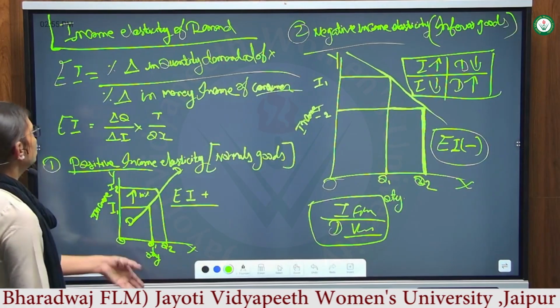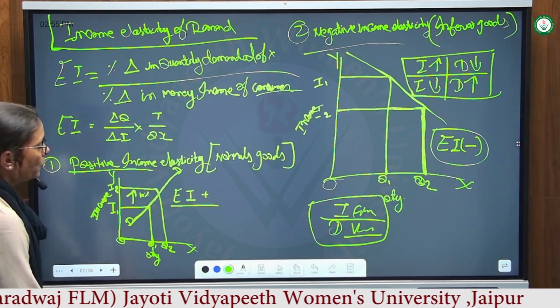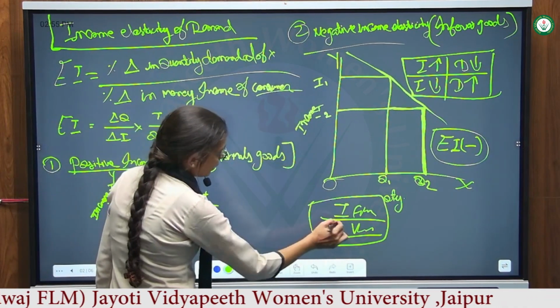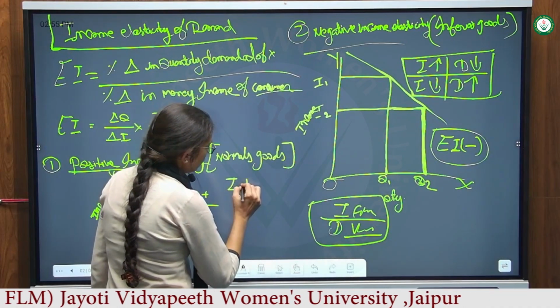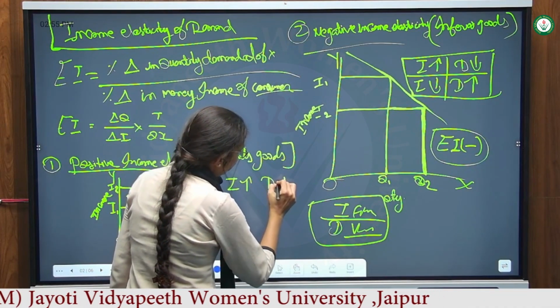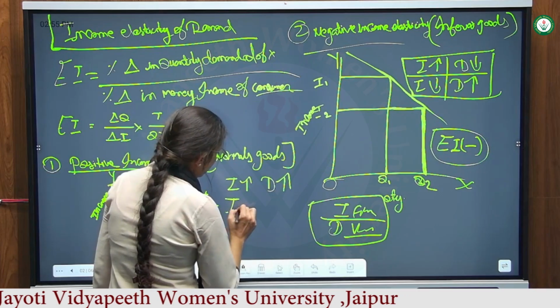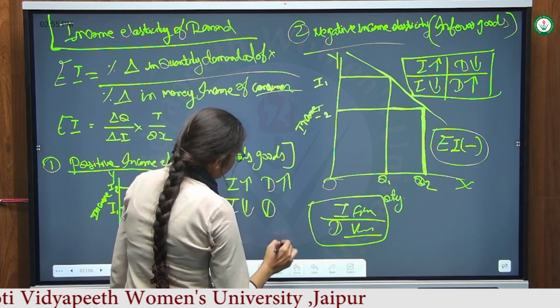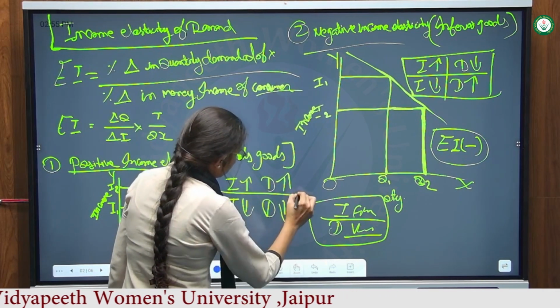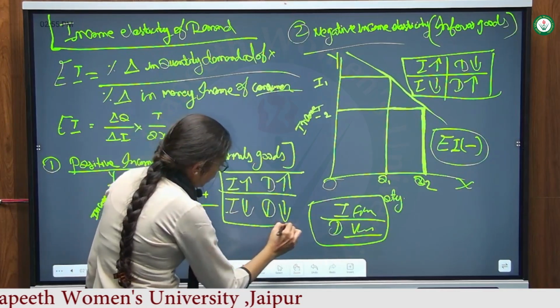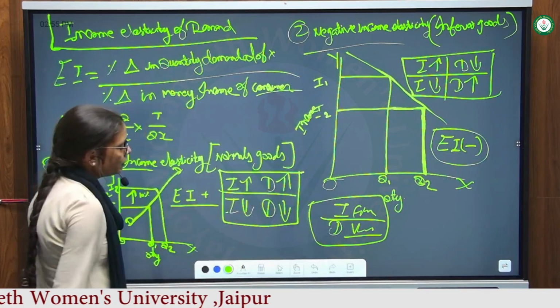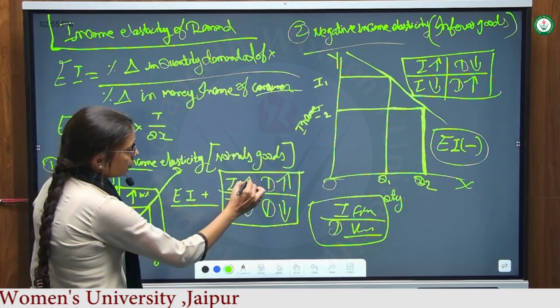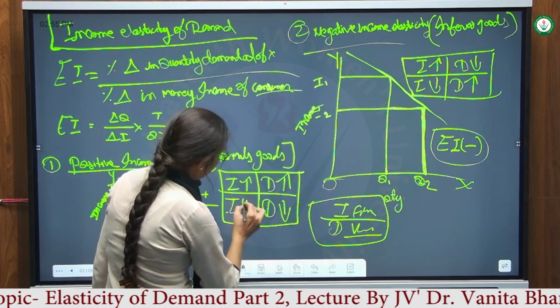When income goes up, demand will go up. When income goes down, demand will go down. This positive relationship of the law of demand is applicable only in normal goods.